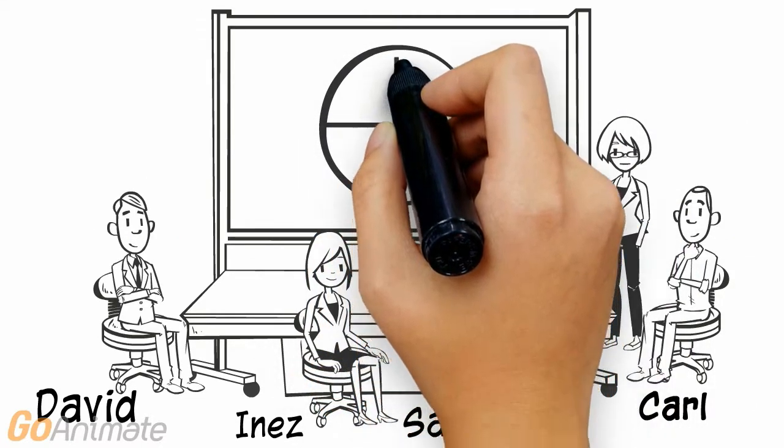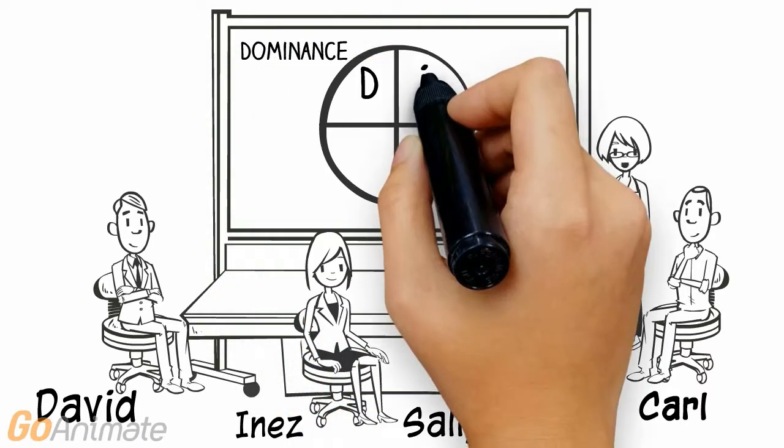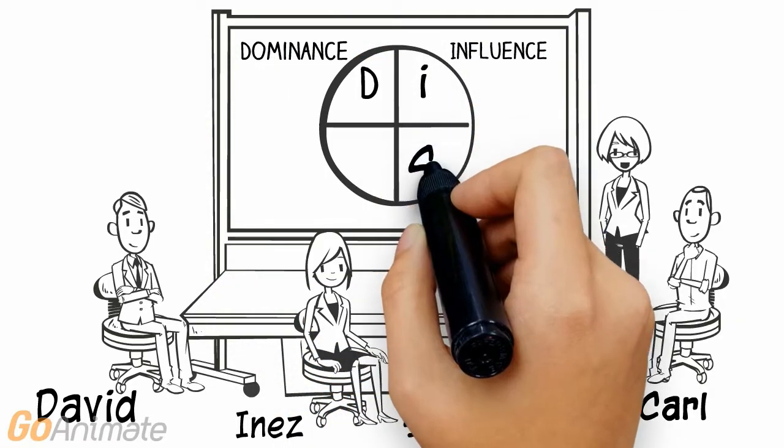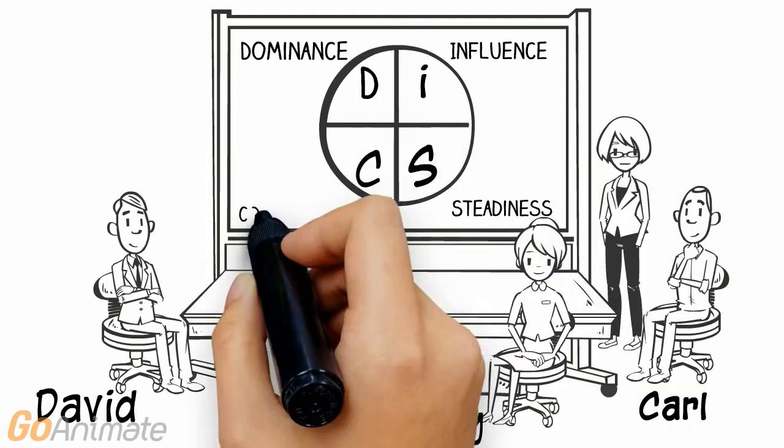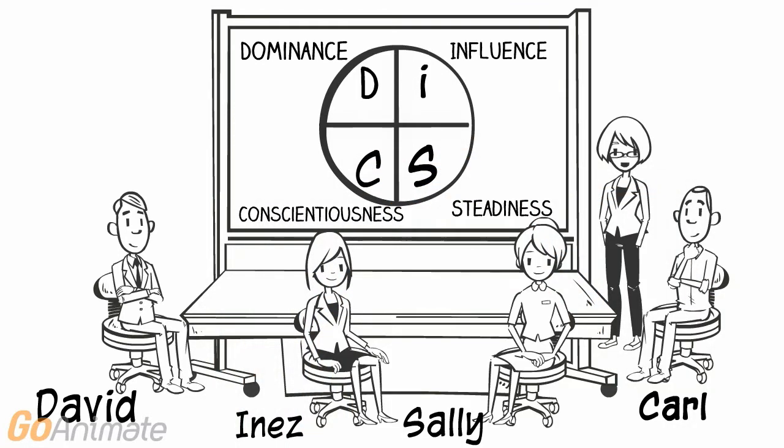Let's go back to our team. They happen to represent each of the DiSC styles: dominance, influence, steadiness, and conscientiousness. So how might I respond to each of their styles?